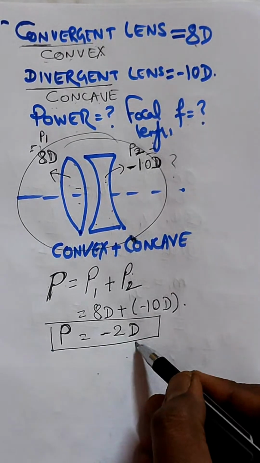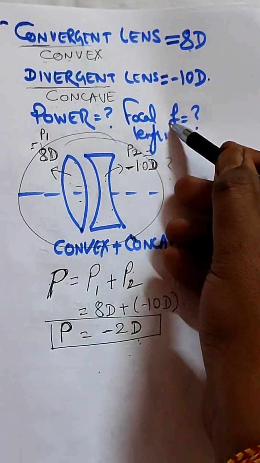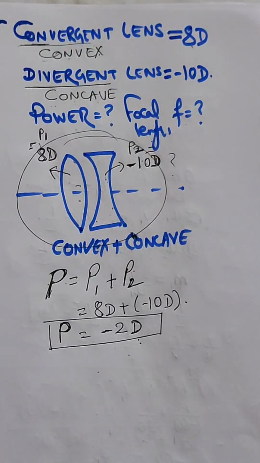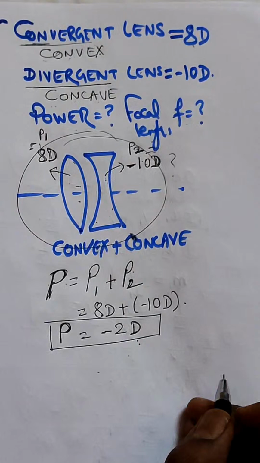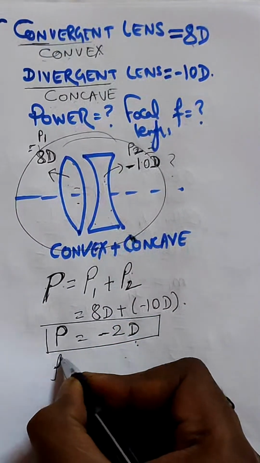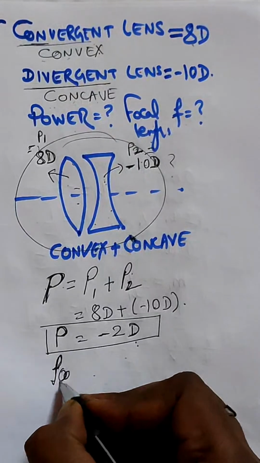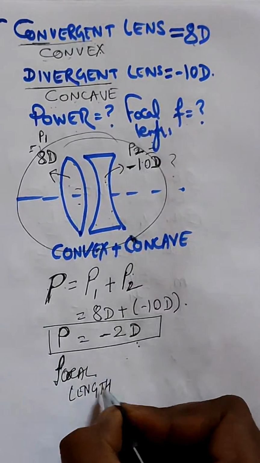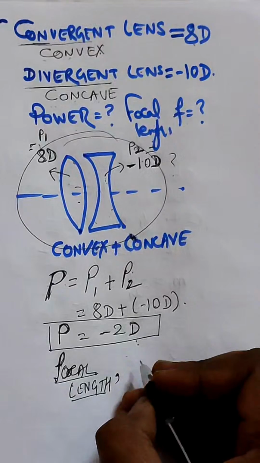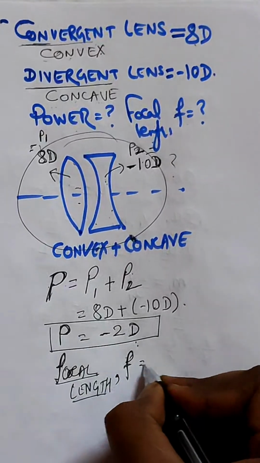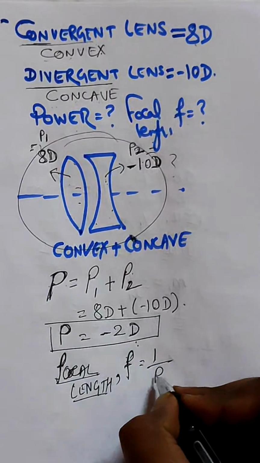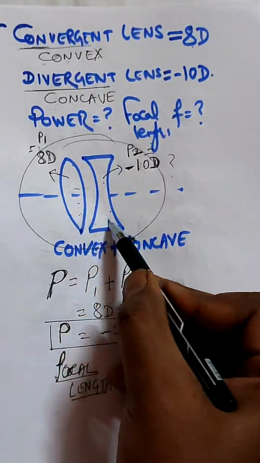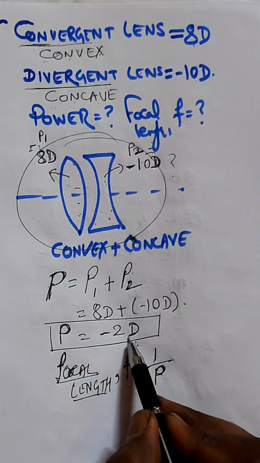Now what we need to calculate is the focal length. You know that the focal length of any lens or a combination of lenses is given as the reverse of the power of that lens or the combination. The combined power of this arrangement of a convex lens and concave lens we have calculated as minus 2D, right?